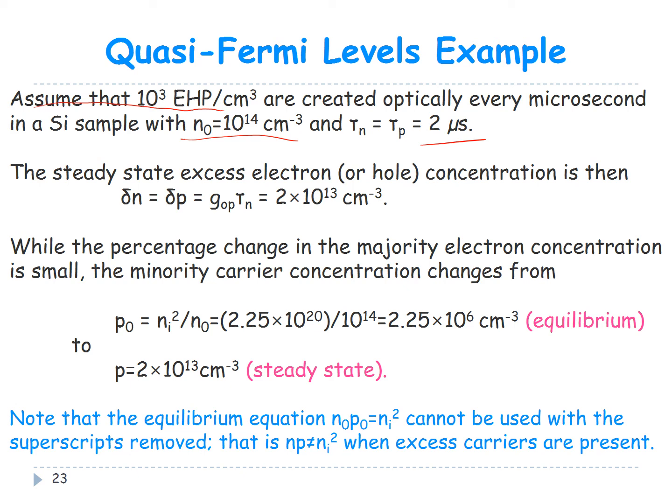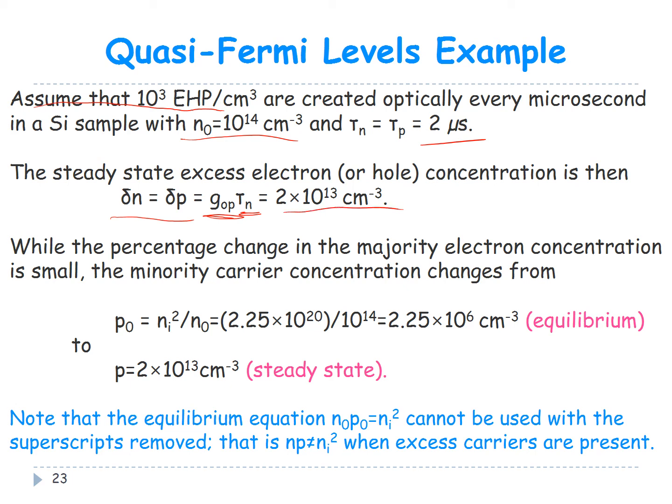So the steady state excess electron or hole concentration, delta N equal to delta P, is given by the optical generation rate times tau N, the equation that we just derived in the previous slide, which is equal to that.